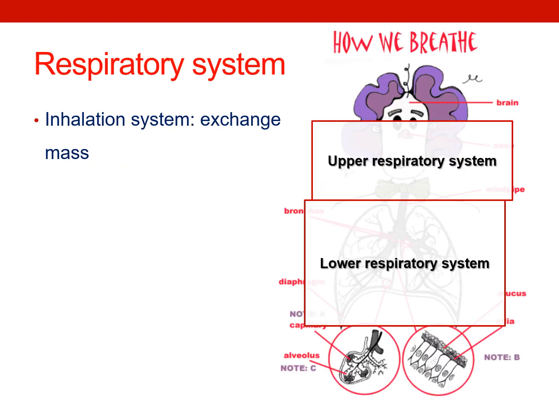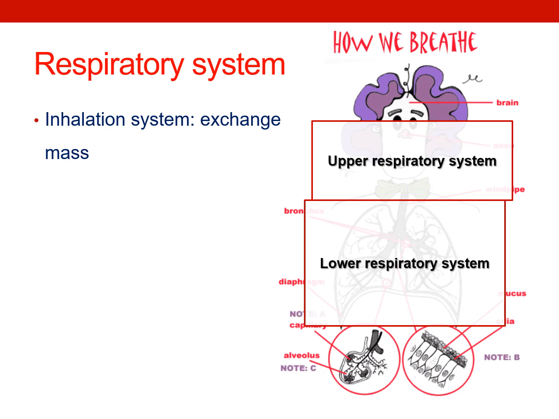Now we come to a bit of a biological class here. We're going to talk about the respiratory system, because it plays an important role in toxicants entering the body through inhalation. As you can see from the slides, the respiratory system is divided into two: the upper and the lower respiratory system.